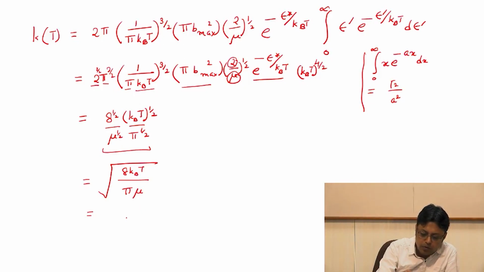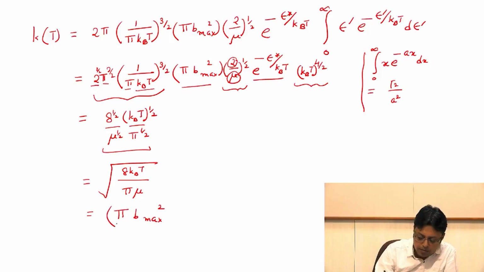So what do we get? All these terms actually rearrange to give you V relative average, and what we get is pi b max squared times V relative average.